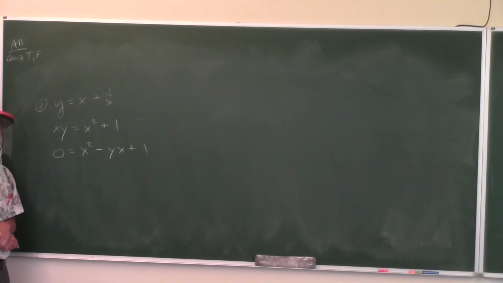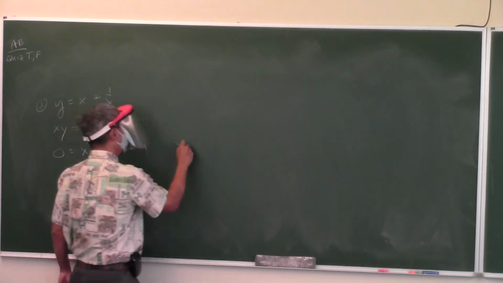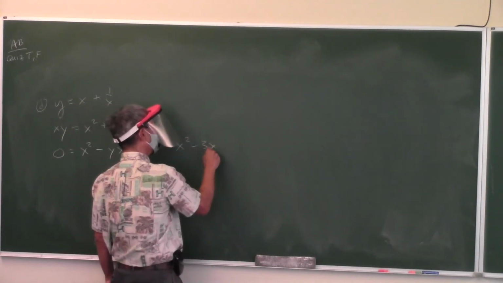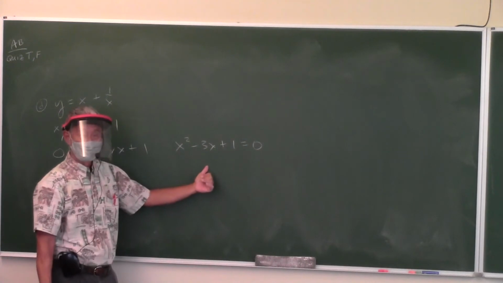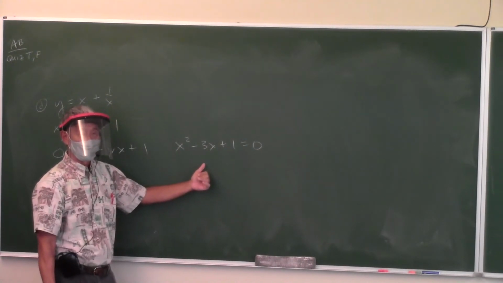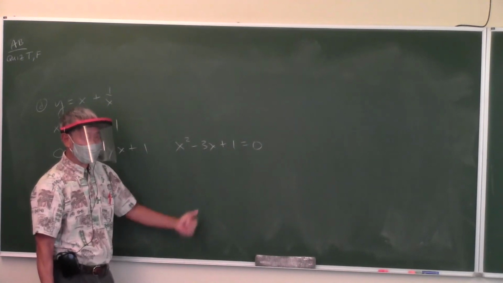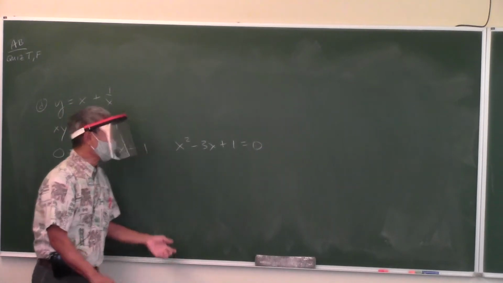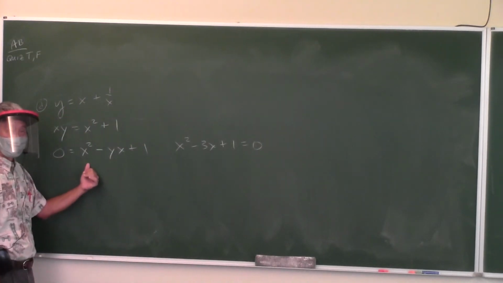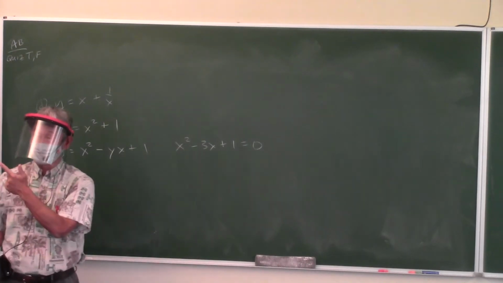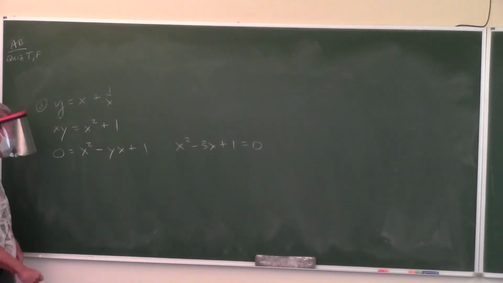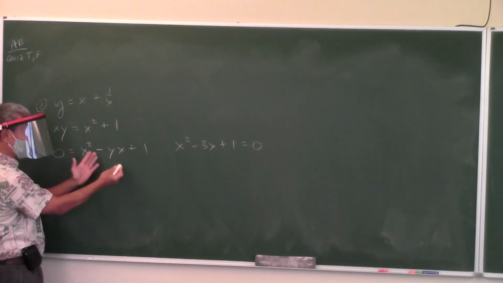How do you solve for x now? It rhymes with quadratic formula. You use the quadratic formula. You're going to be doing this multiple times on tonight's homework, so that's why you need to put it in quadratic form.